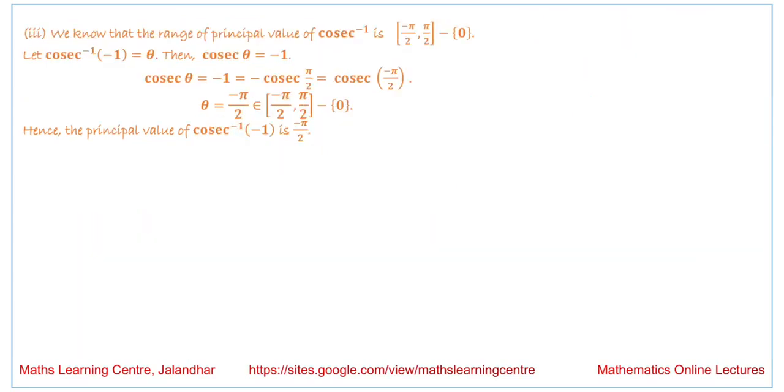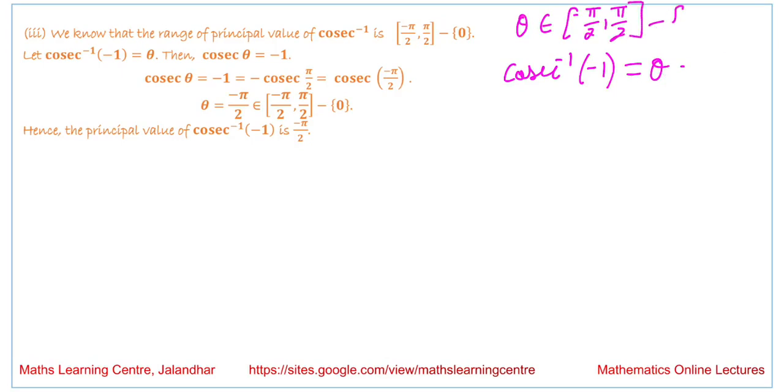Next, we have to find the principal value for this, for which the function given to us is cosecant inverse of minus 1. Suppose that is equal to theta. Now this theta belongs to the interval minus pi by 2 to pi by 2, except for the point 0.